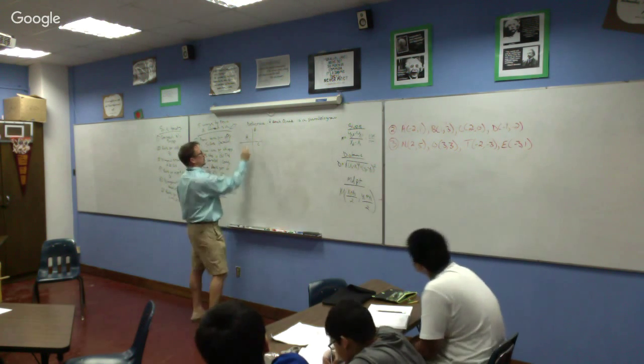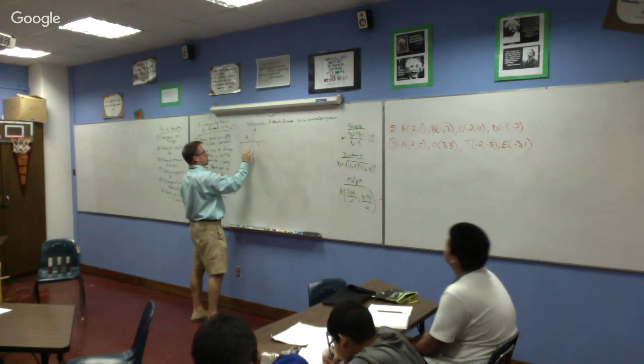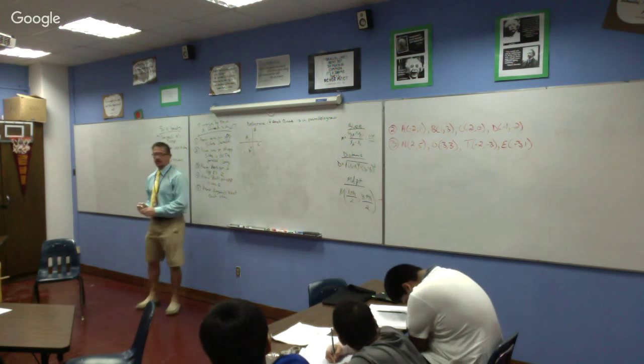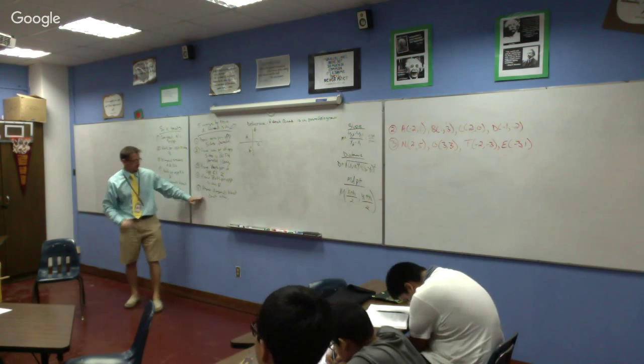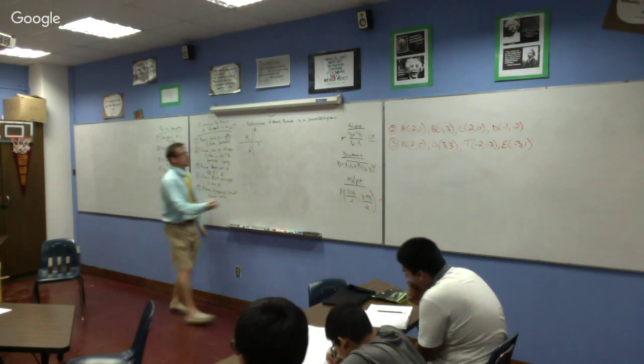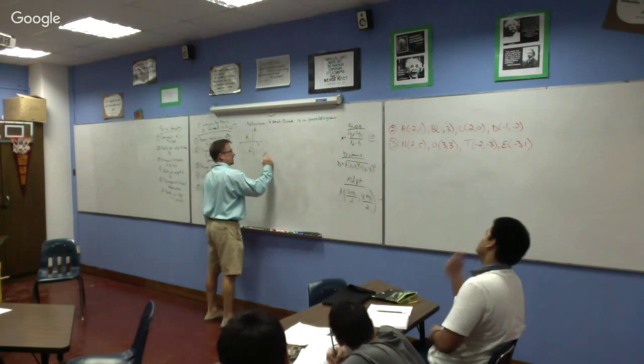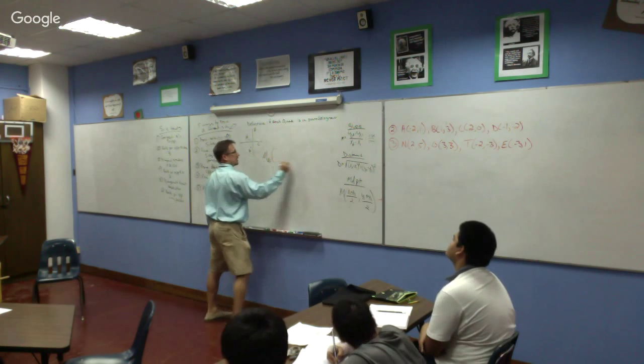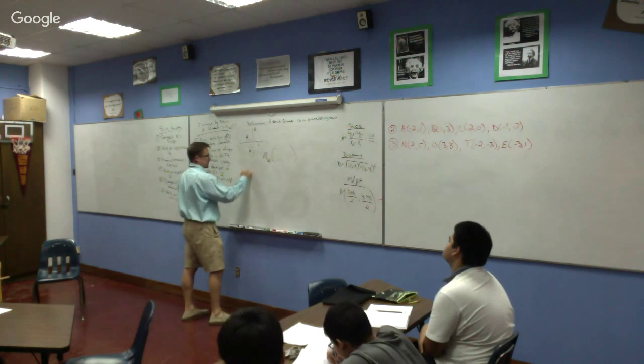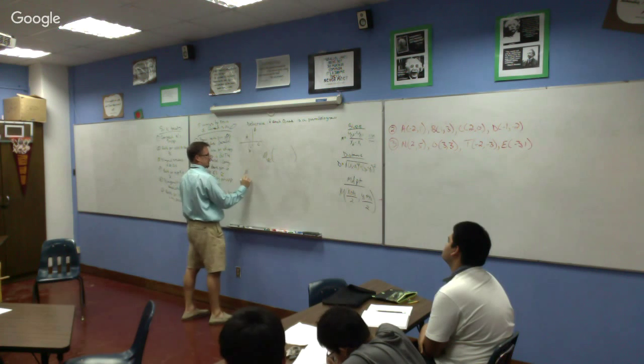And D is -1, -2. So if we are going to prove that the diagonals bisect each other, I'm looking at the midpoint of segment AC, and I'm comparing that to the midpoint of segment BD.